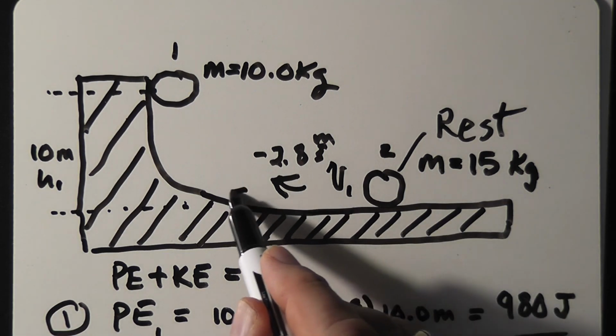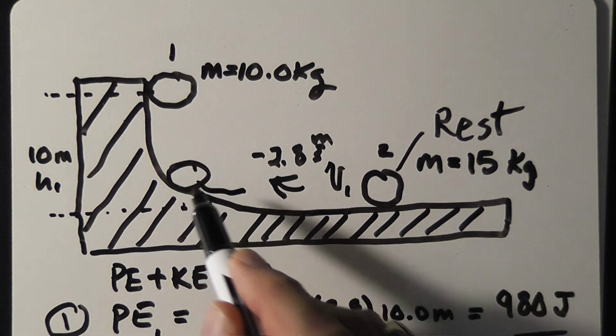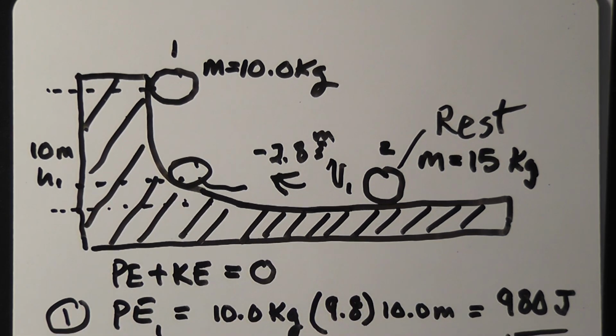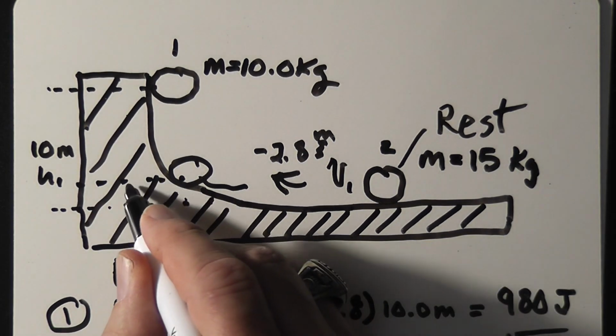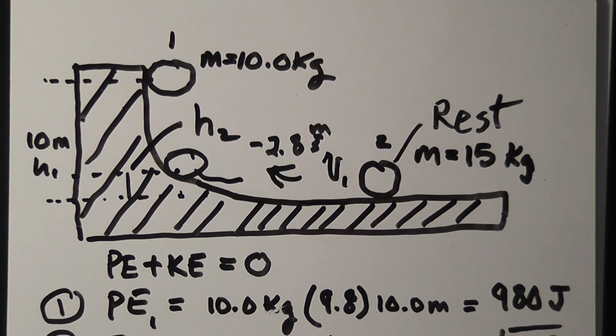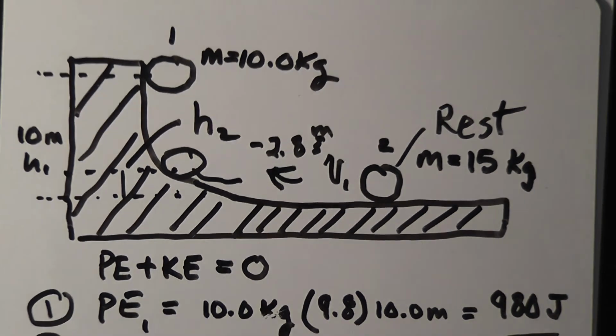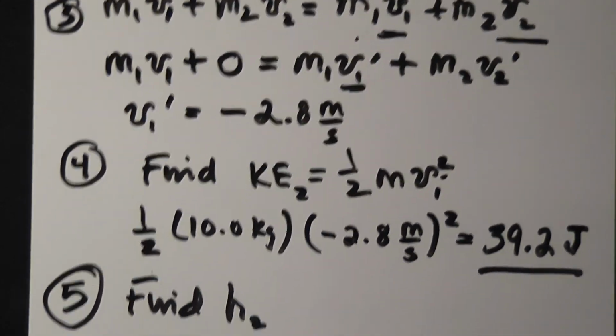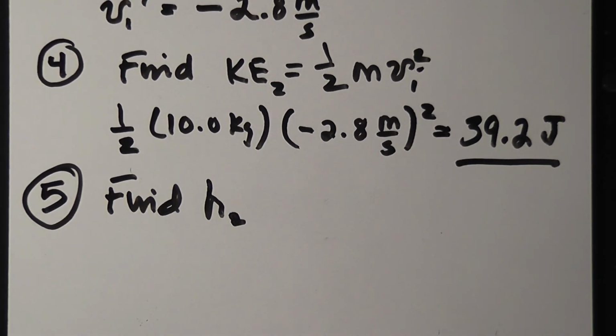But as the ball goes back up, it's going to go over here somewhere, and that height is what we're looking for. That height is going to be our H2. So how do we find H2?